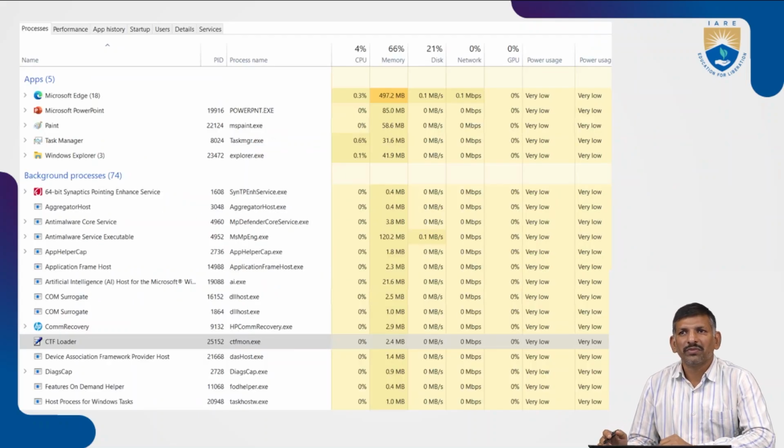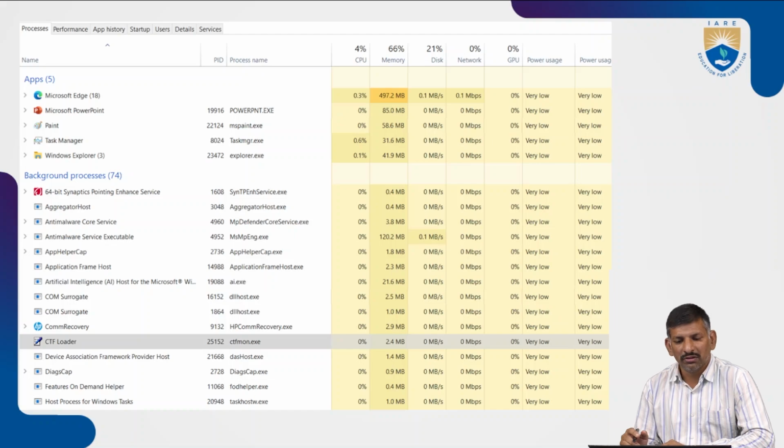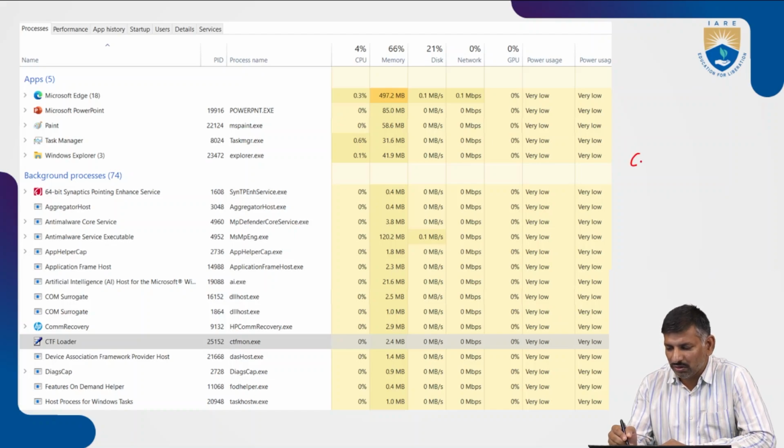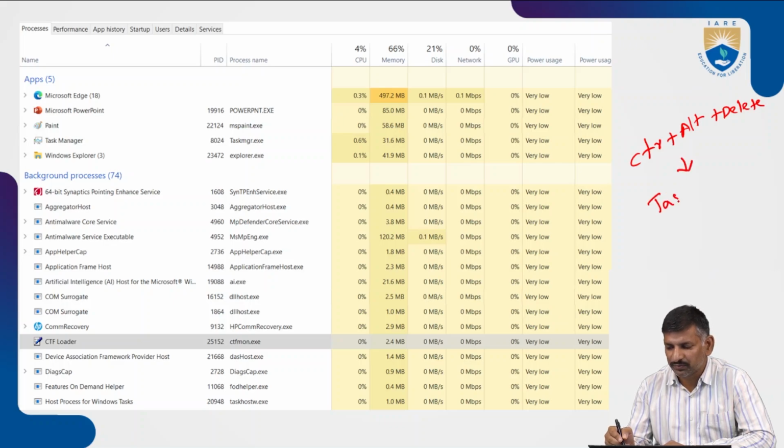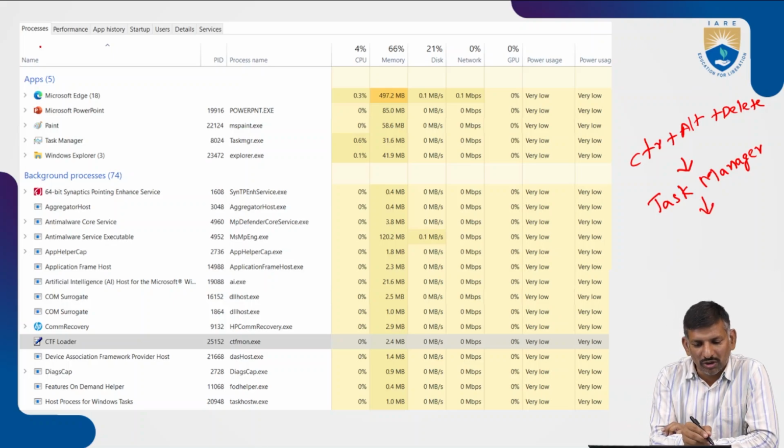Example: in our desktop or laptop computer, if you press Ctrl Alt Delete, we will get Task Manager. If you select Task Manager, we get Processes, Performance, App history, Startup, Users, Details and Services.